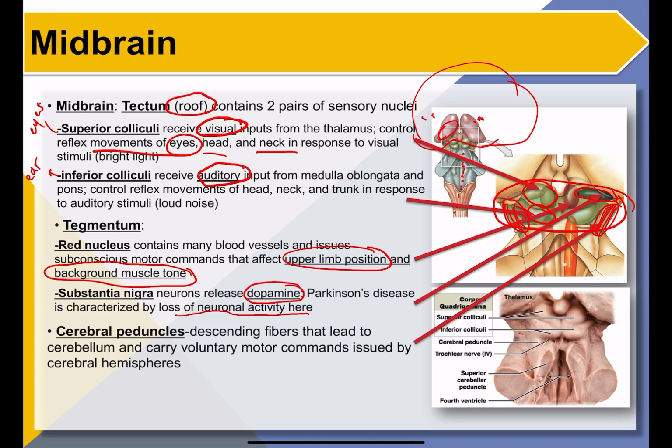So these cerebral peduncles serve as descending neuron fibers that carry voluntary motor commands issued by your cerebral hemisphere downwards. That's why it has those lines in there, and that's why they're mainly made up of white matter, because they're for that transmission of electrical signals.